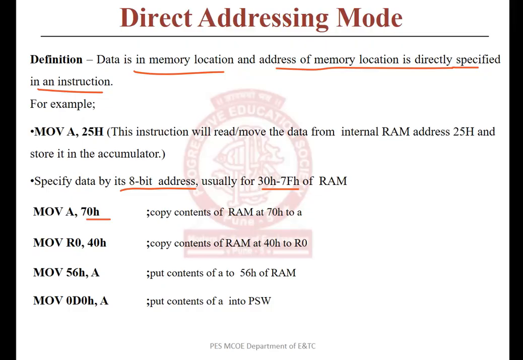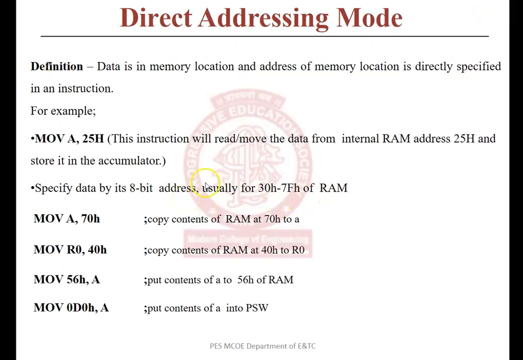Then contents of accumulator will get stored to a memory location 56h, and MOV 0D0h, A. So D0 is basically the address of program status word of 8051. So instead of mentioning PSW, the address is mentioned, and this will move the contents of accumulator into the PSW register. So this is the direct addressing mode.